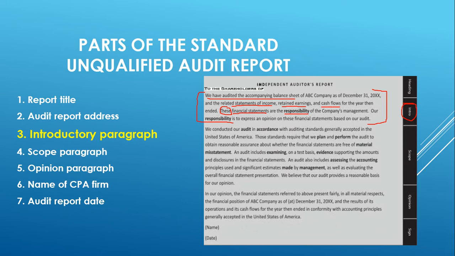Now we can move to the second important thing in the first paragraph, which is the responsibilities of the management and the auditor related to financial statements. As we see here, these financial statements are the responsibility of the company's management.